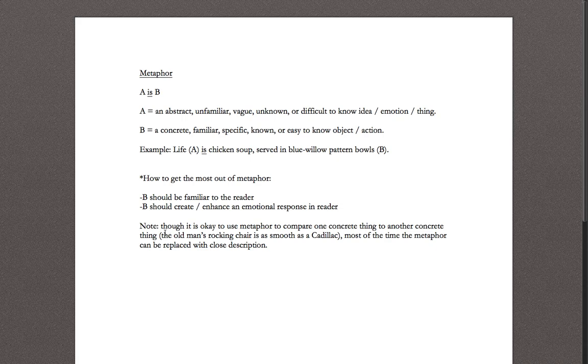So it's totally fine to compare a known thing, B is B, but usually we can simply describe the old man's rocking chair with close description, with those physical senses, without using a metaphor, and get just as much out of the description as we would the metaphor. So we want to emphasize the abstract A is B kind of formula to really get the most out of metaphor.